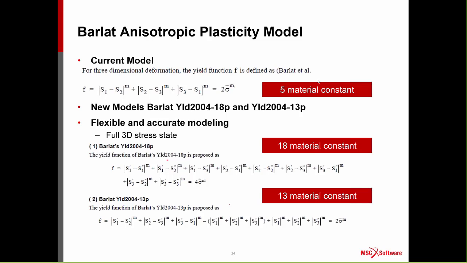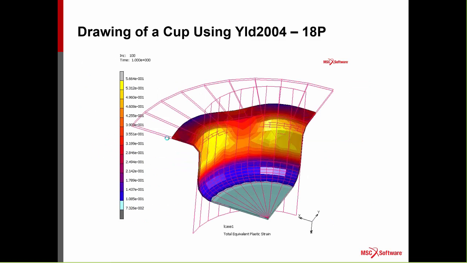The 2014-18 material constant and the 2014-13 material constant. The big thing that these models do is they do a better job in capturing the 3D stress states of the material. And here's a typical example of what would happen. This was an axisymmetric punch.